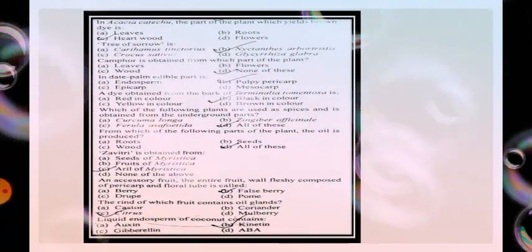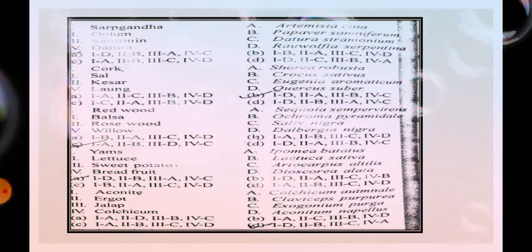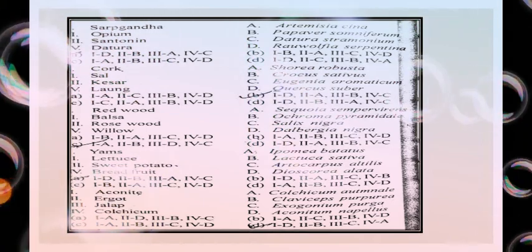Then here are some match the following type questions. On the left side, you just match the following, and the options are given as A, B, C, D. Then we just choose the correct one.